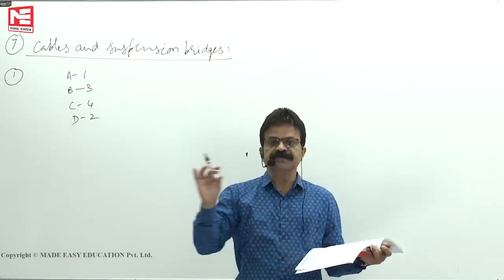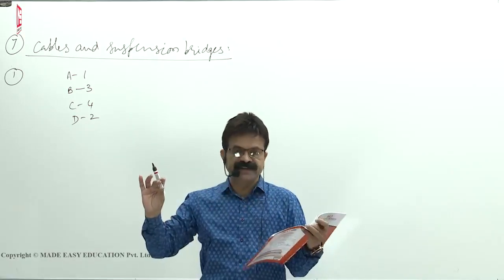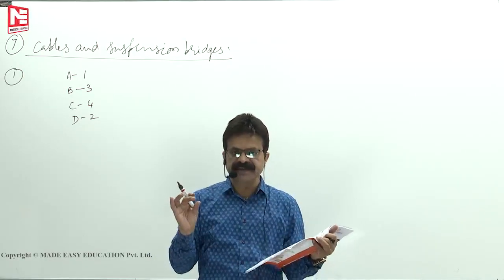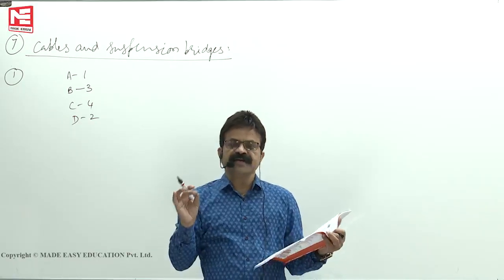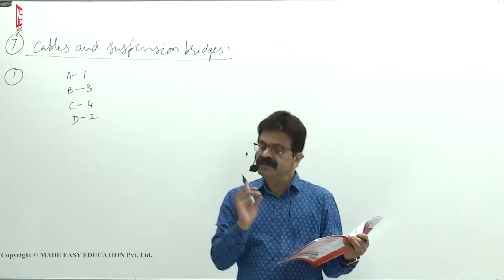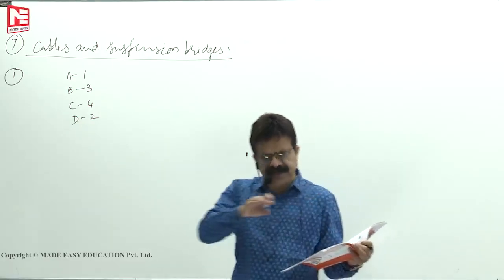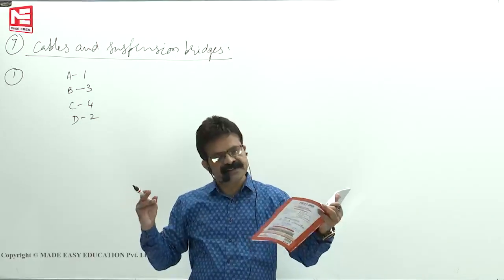Because in a suspension bridge, whether it is a main girder, 2-hinged girder or 3-hinged girder, I have told you about the hangers. If the 2-hinged stiffened girder or 3-hinged stiffened girder is completely subjected to UDL throughout the length, then support reactions are zero.